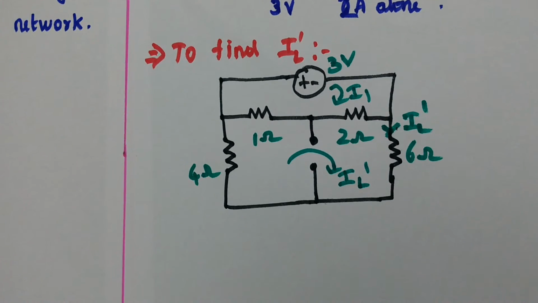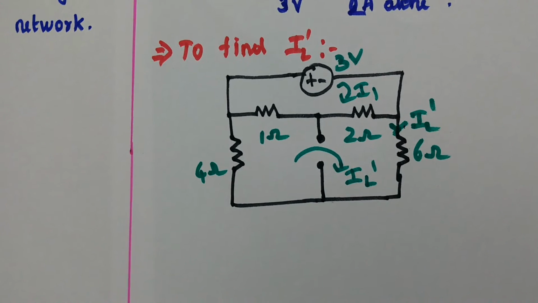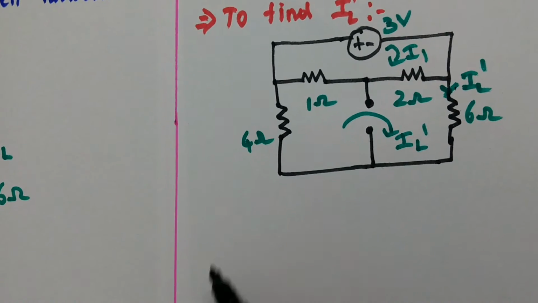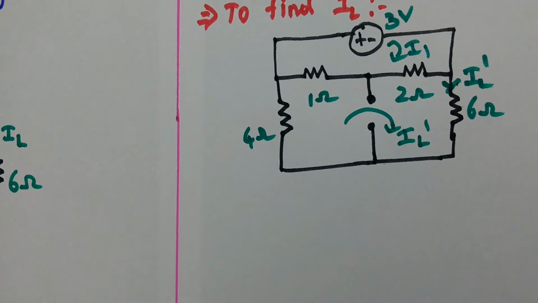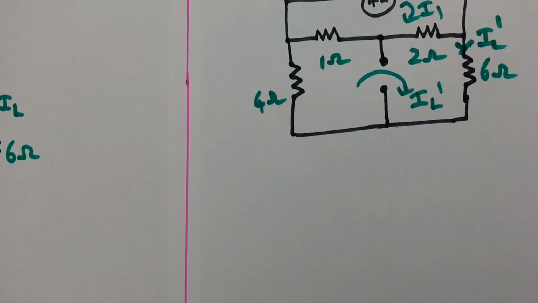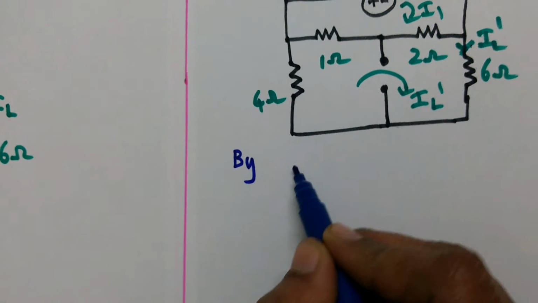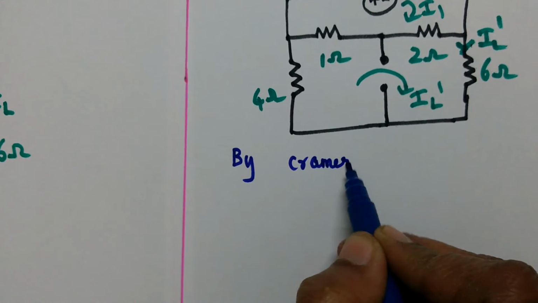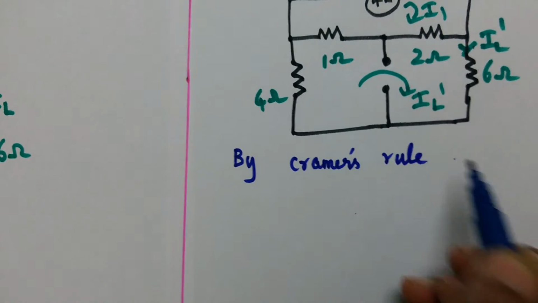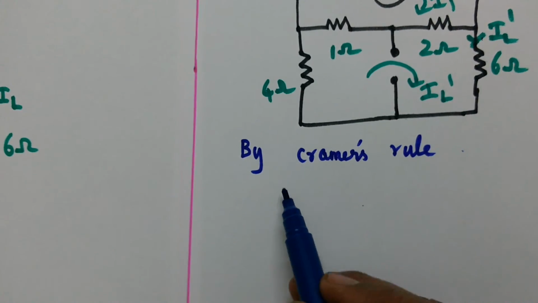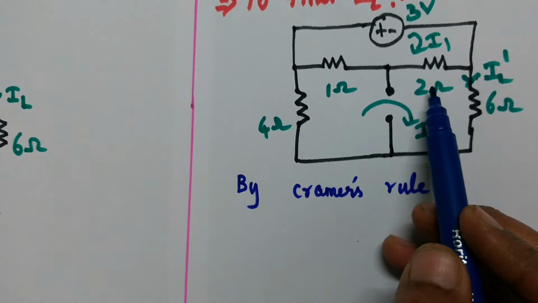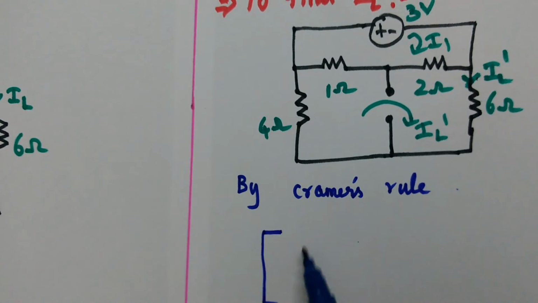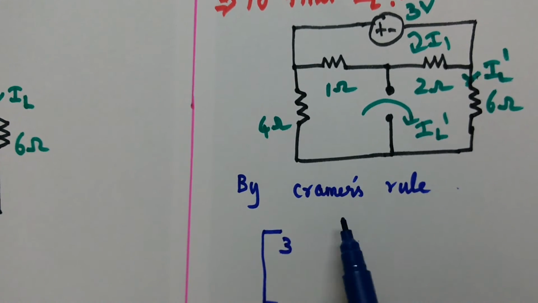We can find IL dash through the matrix equations. By Kirchhoff's voltage law, we can write the matrix equation directly. So by Cramer's rule, we are writing the matrix equations. For loop 1, what are the resistances? 1 ohm and 2 ohms, so 1 plus 2, 3.